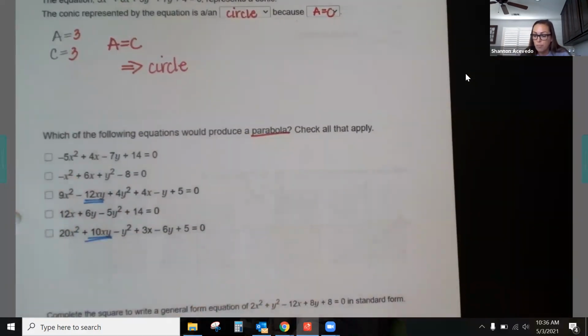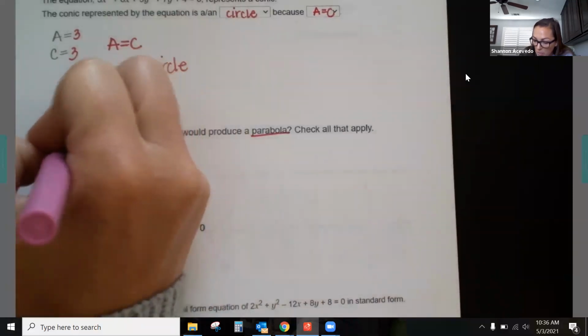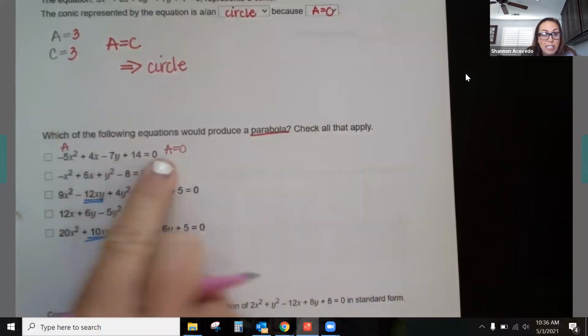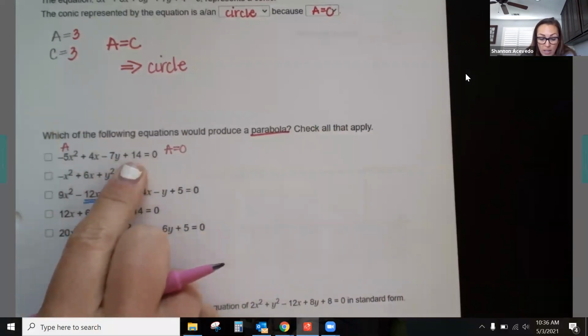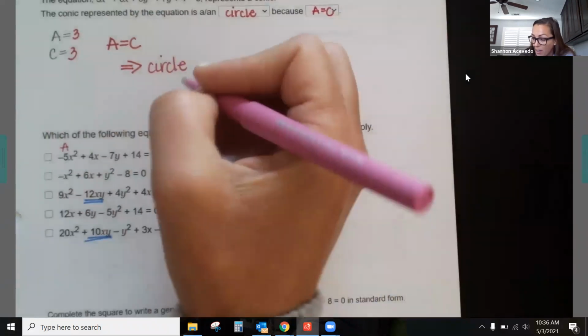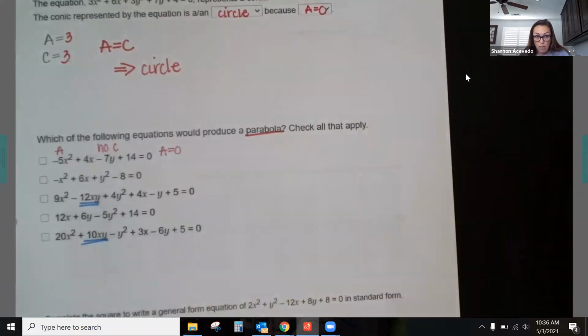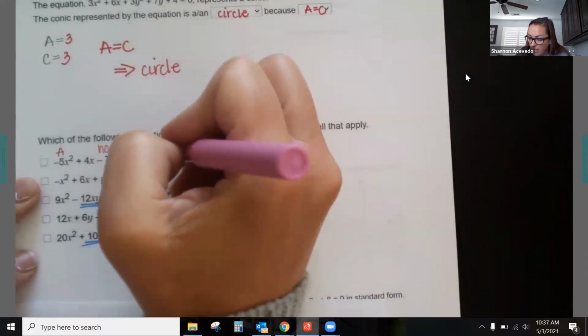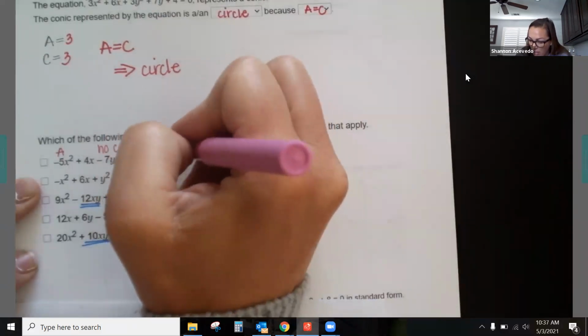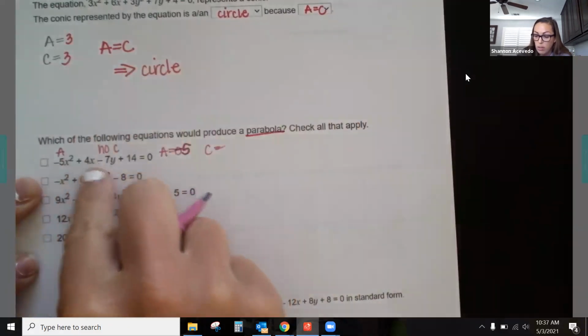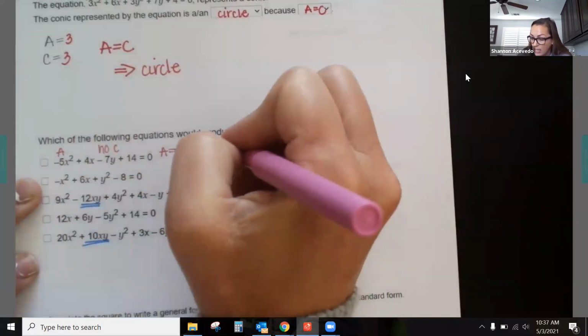So when I look here, here's my A value. There is no Y squared, so there is no C value. Oh, sorry, I put A is equal to -5. A is equal to -5. There's no C value because there's no Y squared, so C is equal to 0.